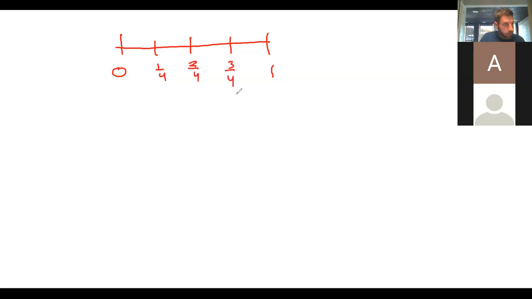And remember, your distance between these guys was delta x, which in this problem is 1 minus 0 over 4. Now, what we did in the textbooks, and this is going to be misleading now, is we called this guy x sub 0, this guy x sub 1, this guy x sub 2, this guy x sub 3, and then this guy x sub 4.